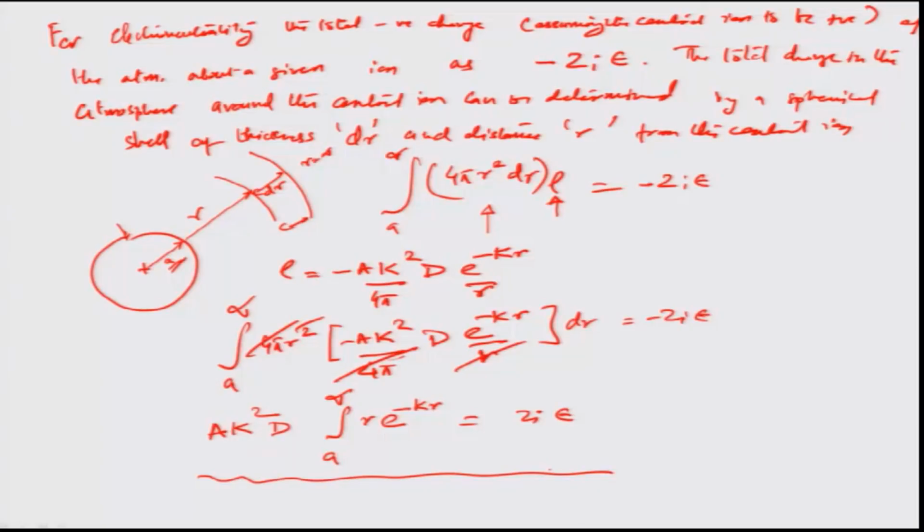So, if I am able to solve this with the known terms, because I already know the valency which is in question, I already know the k value, and I already know the dielectric constant of the medium, I would be able to solve for the unknown, which is a in this particular equation. So, let us now integrate this expression by parts.